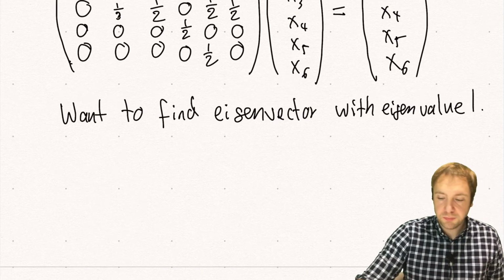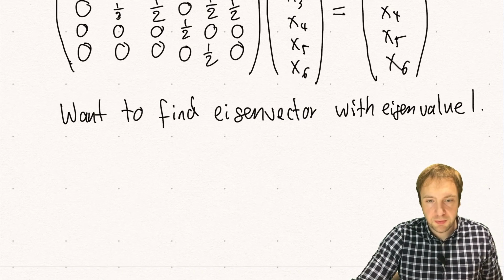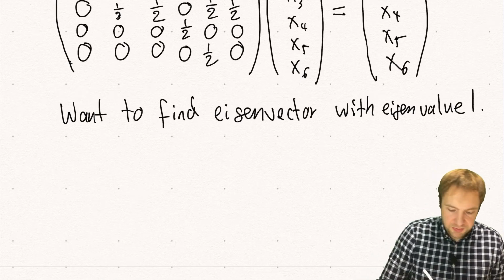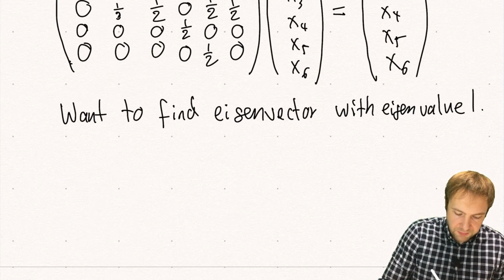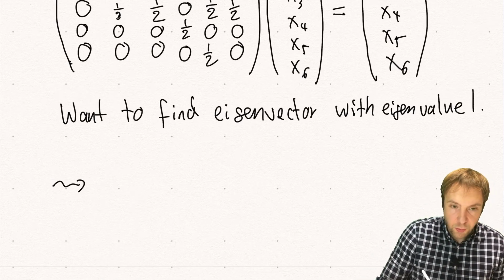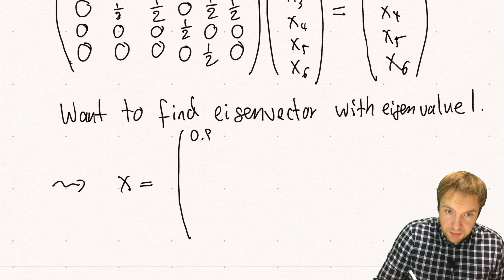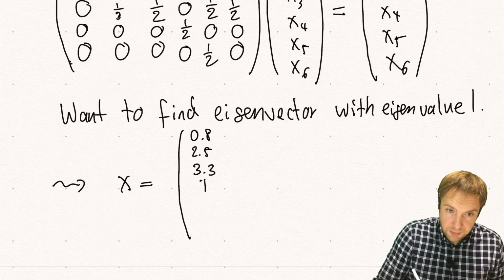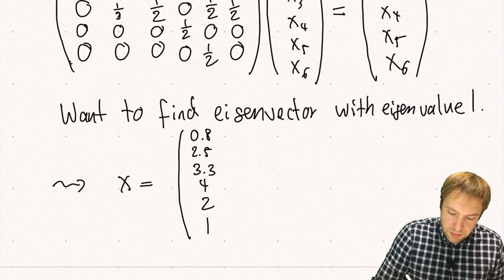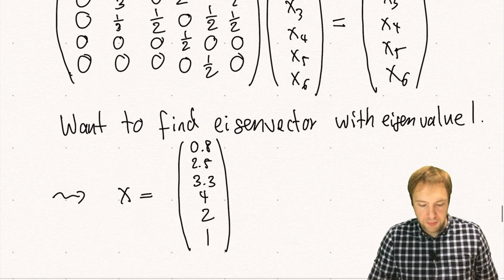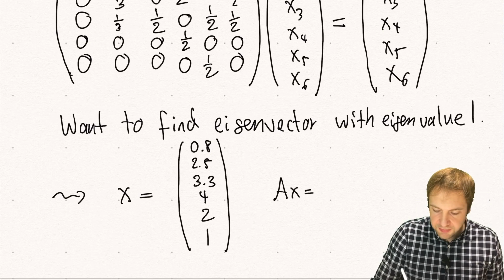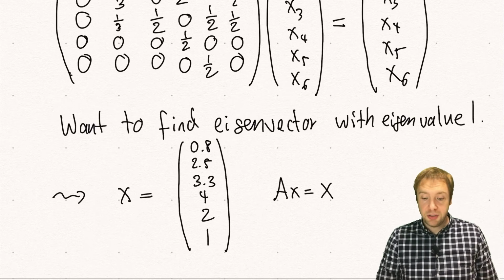And so in this example, let me check. In this case, we get the vector 0.8, 2.5, 3.3, 4, 2, 1. So with this vector you can check that A times x is actually x.